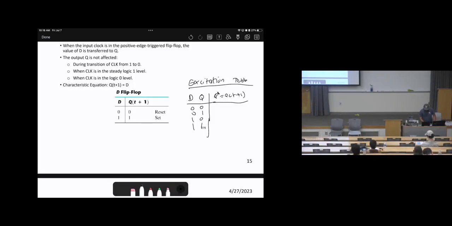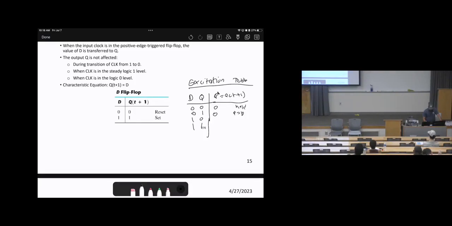Then, if D is 0, this will make it hold. Therefore, it will be 0. If D is 0 and Q is 1, this means Q equals D, then Q will be 0.